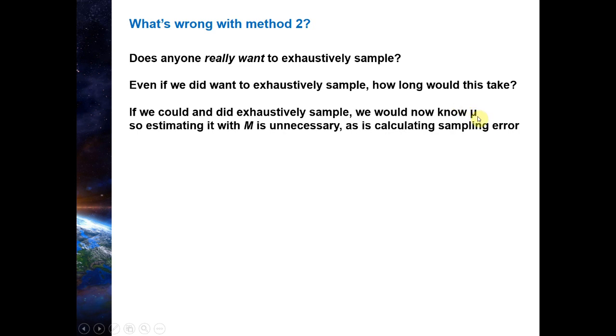You don't need to estimate it anymore. Remember, the only time we care about sampling error is when we sample and we calculate an estimate from that sample, like x bar. But if through exhaustive sampling we now have mu, that makes sampling error obsolete. We don't need to know it anymore. All right, so it's kind of like, okay, this is stupid for 2 reasons.